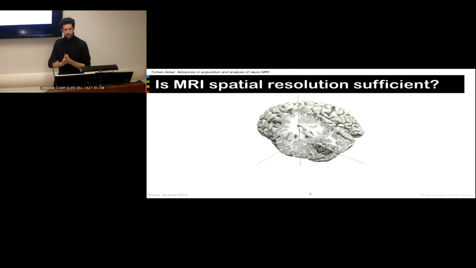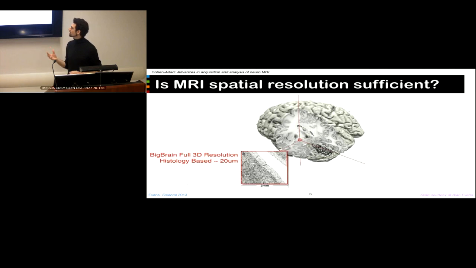So now you probably all know the basics of MRI and how it works, and we were talking about microstructure. So let's take a nice brain. It's actually a full brain that was sliced by Alan Evans' team and produced this wonderful large-scale histology that has a resolution of about 20 micron.